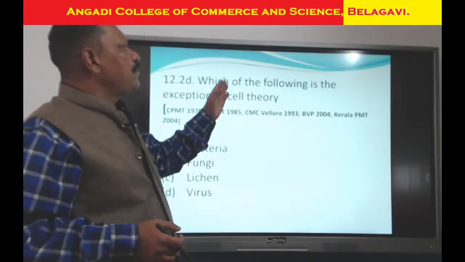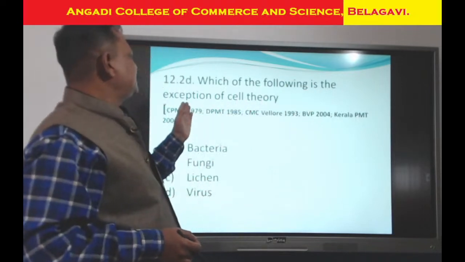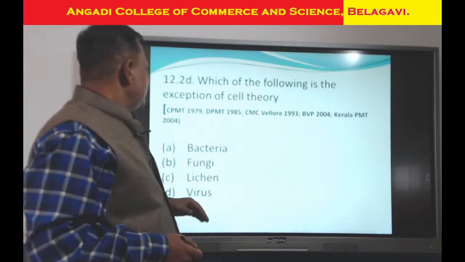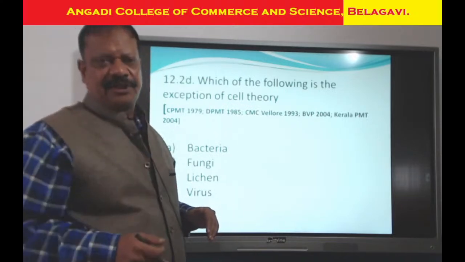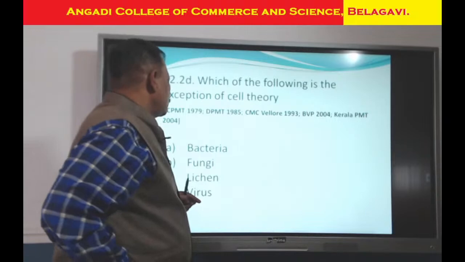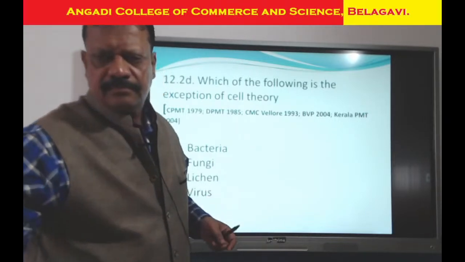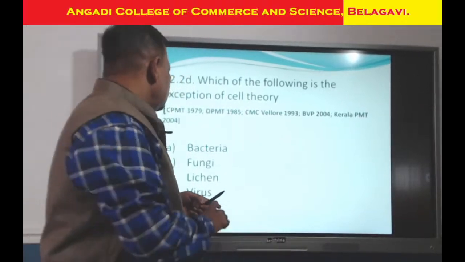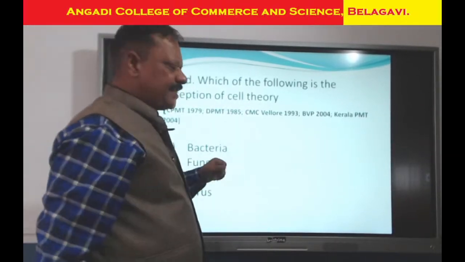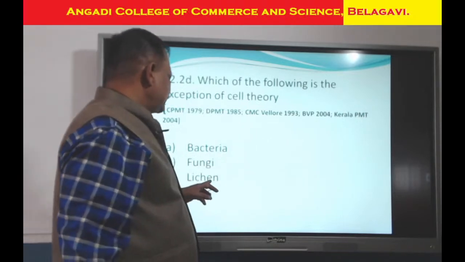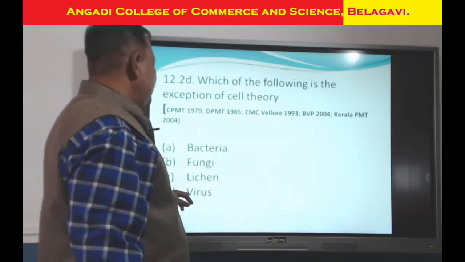Now, which of the following is the exception of cell theory? You have to find it out. A is bacteria, B is fungi, C is lichen, D is virus.